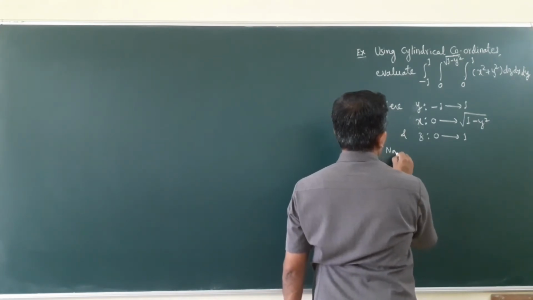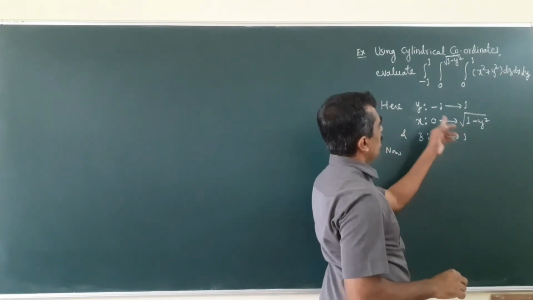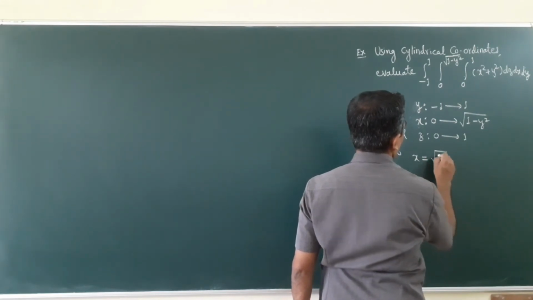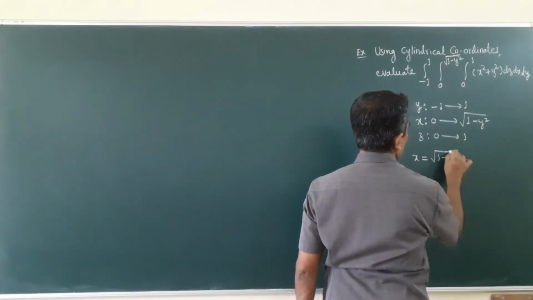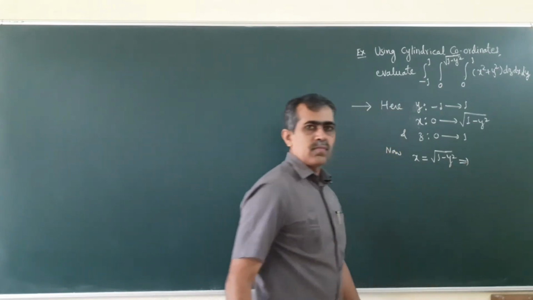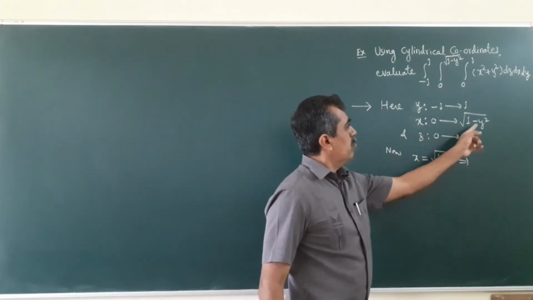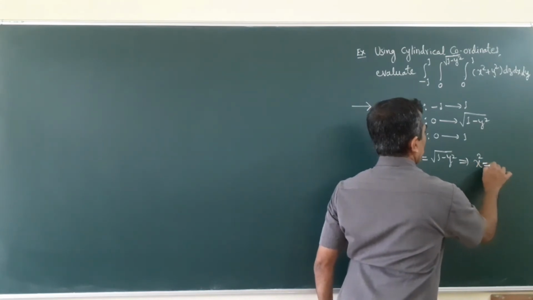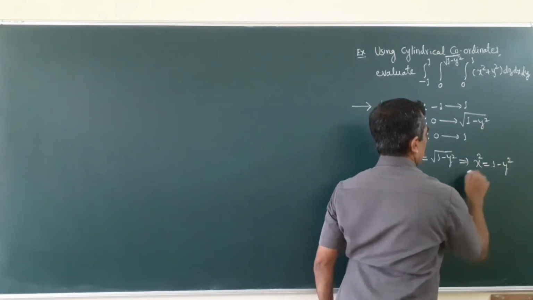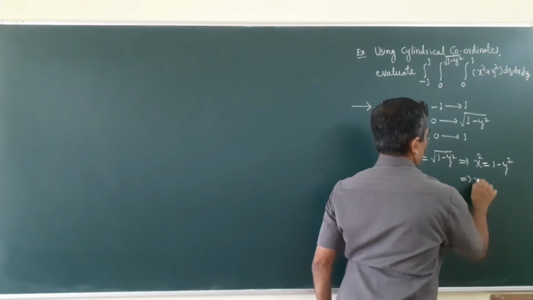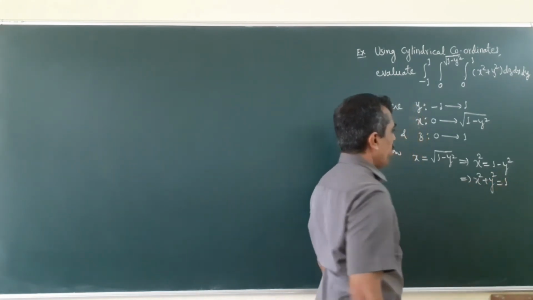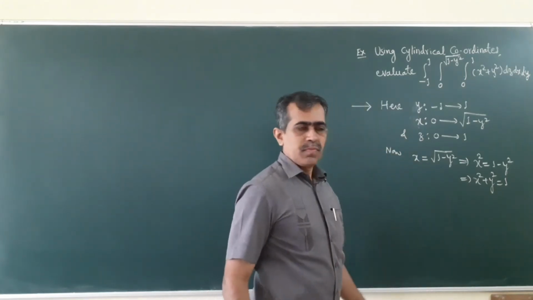Now you have to find what is the base of this object. Okay. Now, x is equal to under root 1 minus y square. This implies x runs from 0 to root of 1 minus y square. So this implies what is x square? X square is equal to 1 minus y square. This implies x square plus y square is equal to 1. So the base of the object is a circle.